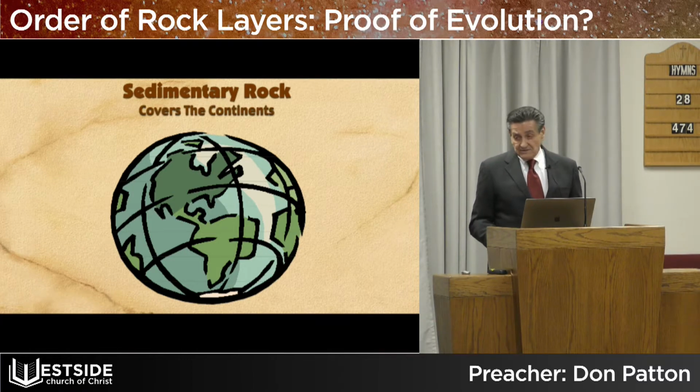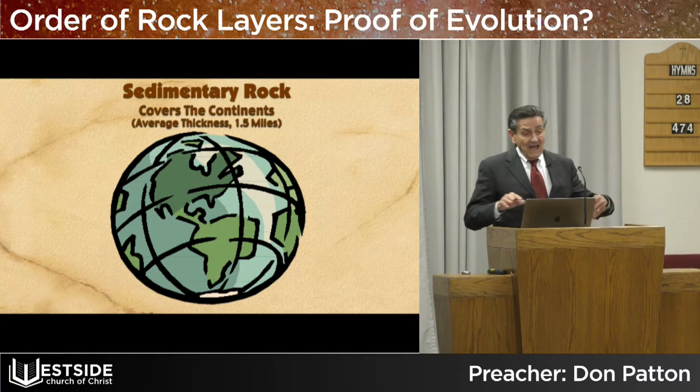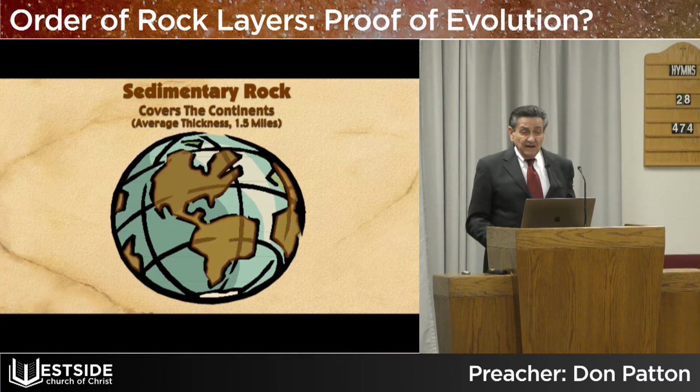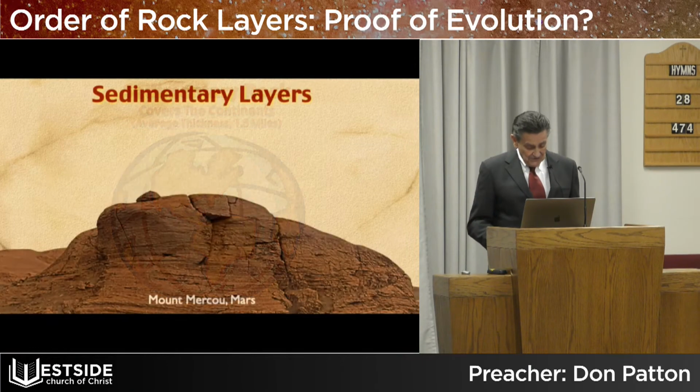There are some areas where you don't find sedimentary rocks, and some areas where there's more, but on the average, about 1.5 miles covering the continents. Now, how did that happen? The evolutionist says it was slow and gradual. I account for it a different way.